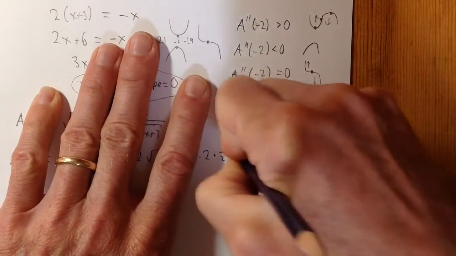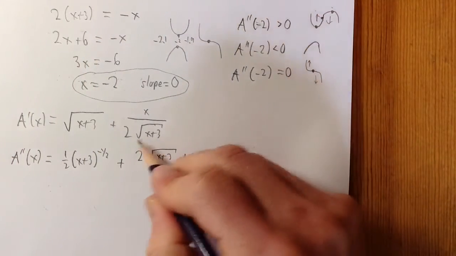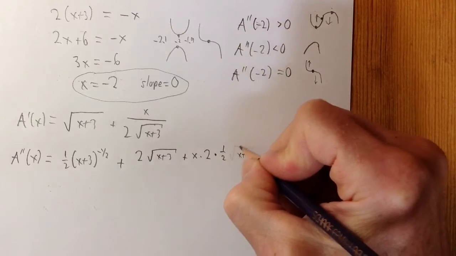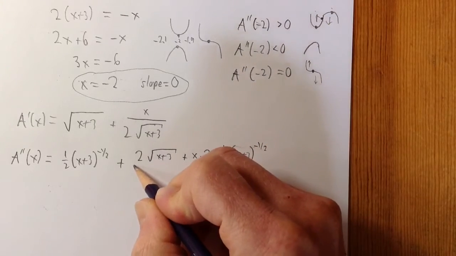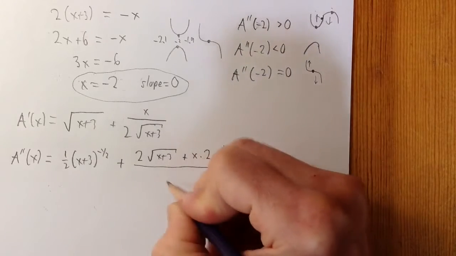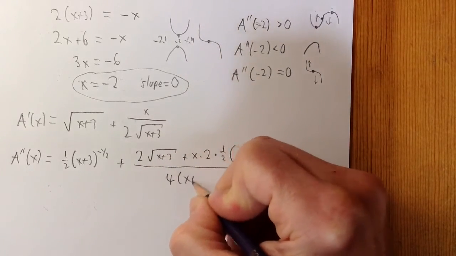The derivative of the bottom is 2 times 1/2 (x plus 3) to the negative 1/2, divided by the bottom squared, which is 2 squared, 4, times (x plus 3) squared, which is just x plus 3.